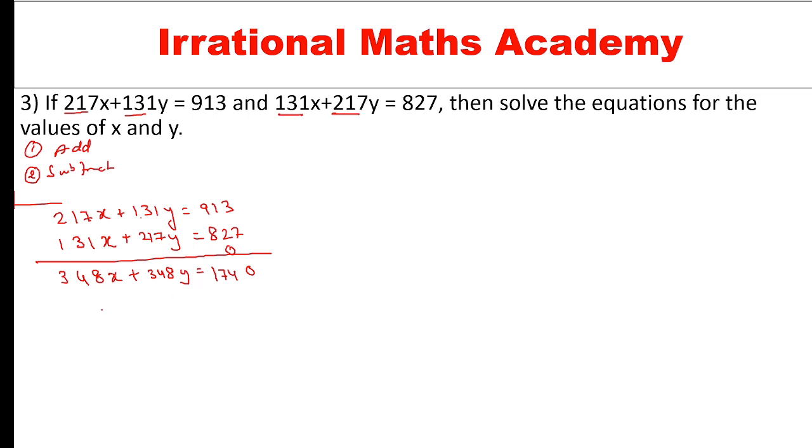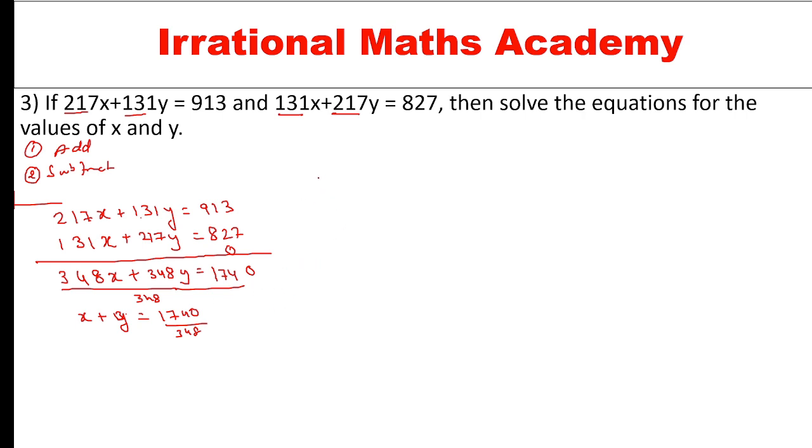So if you divide this whole equation with 348, what will you get here? 348 by 348 x and 348 by 348 y, and here 1740 divided by 348.